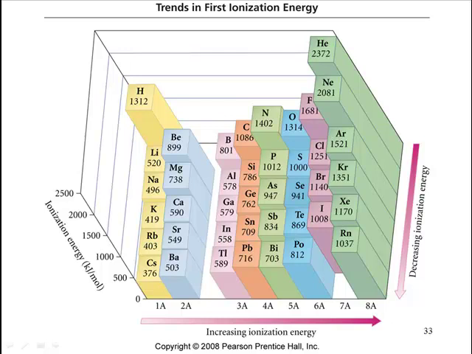Okay? If we look at ionization energy in general here, the patterns we should be able to see is which element has the greatest ionization energy. Helium. Okay? It is really hard to take an electron from helium.